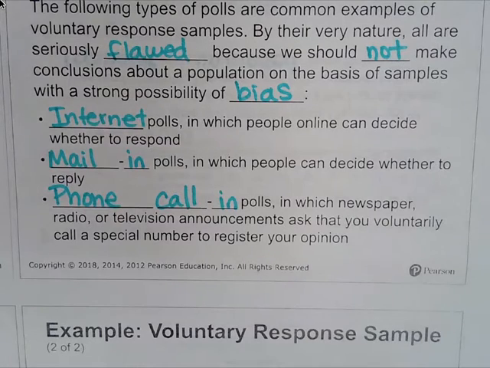Well, people who are super passionate, they're going to call. Somebody who is like, that really doesn't bother me, they're not going to be the ones to call. They're not going to waste their time. But the passionate ones, the ones that are angry about it, or want their voice to be heard, they're going to be the ones that call it. And so it creates a bias.